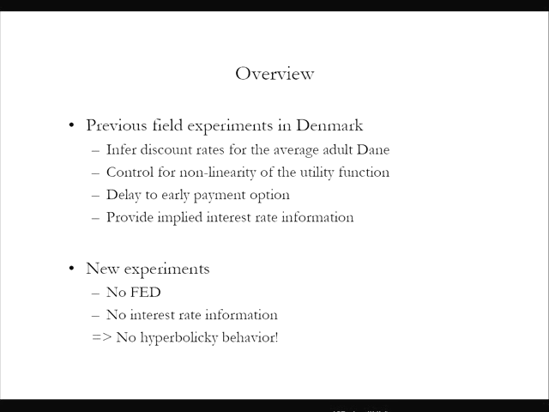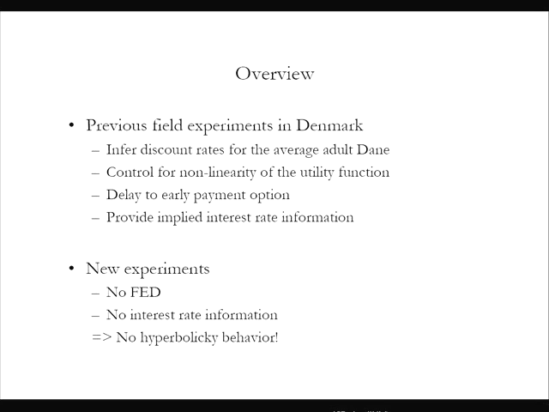So the idea now is to stress test the behavior we've seen in the past and see if we actually find hyperbolic behavior now. We haven't found hyperbolic behavior in the past, or we have only seen a very small tendency for it, and most people have argued that it's simply due to these two treatments, and now we want to stress test this.